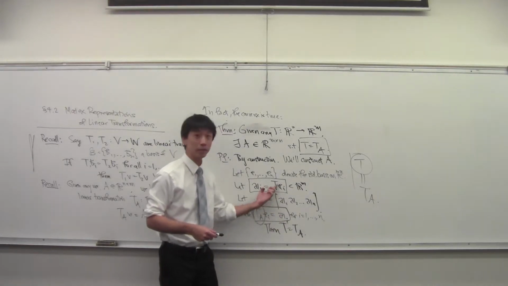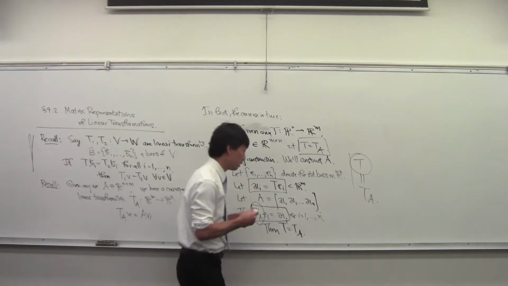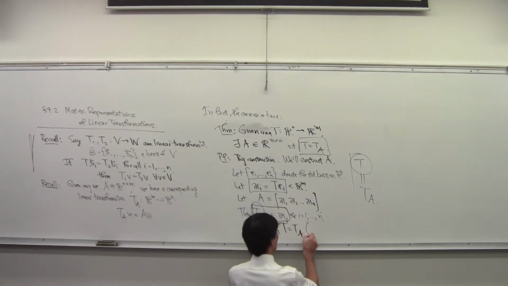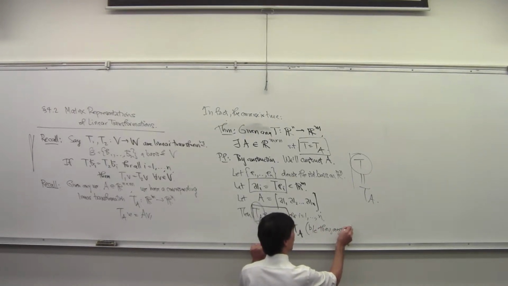So T and T sub A agree on the standard basis. So then T equals T sub A because they agree on the standard basis, i equals 1 to n.